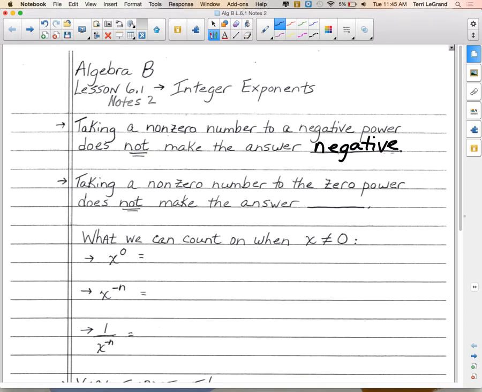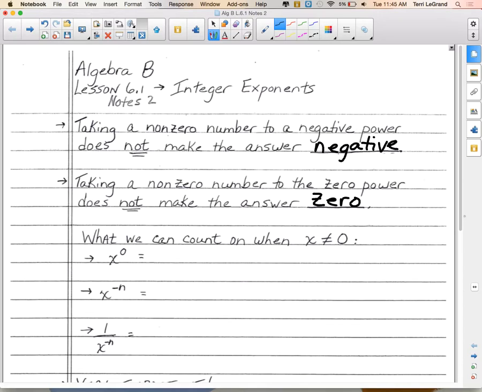So taking a non-zero number to the 0 power does not make the answer 0. Because remember what your first answer was when I said what's 3 to the 0 power? You said 0. Because what happens when you multiply by 0? You get 0. But we're not multiplying by 0. We're taking something to the 0 power. Do you think this would happen no matter what the base was?